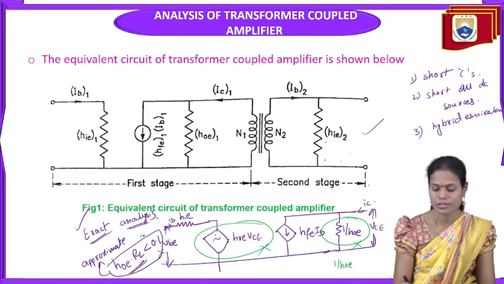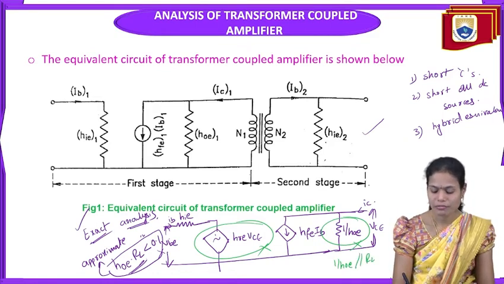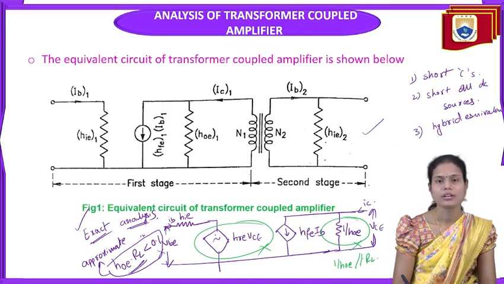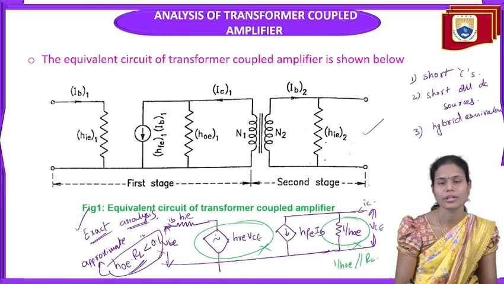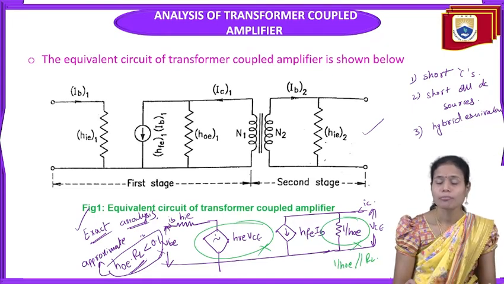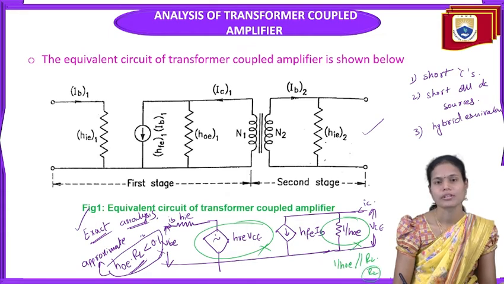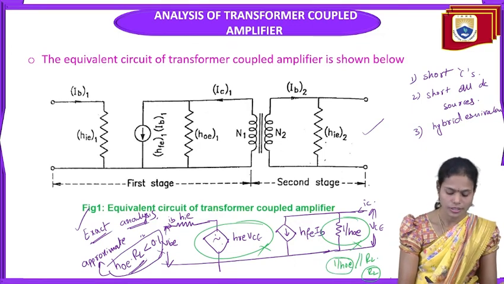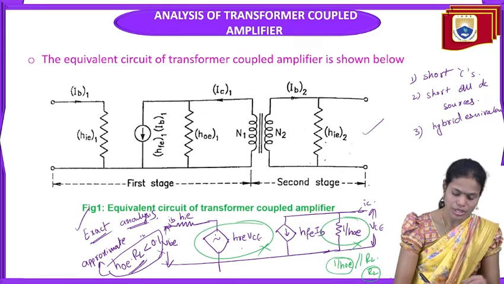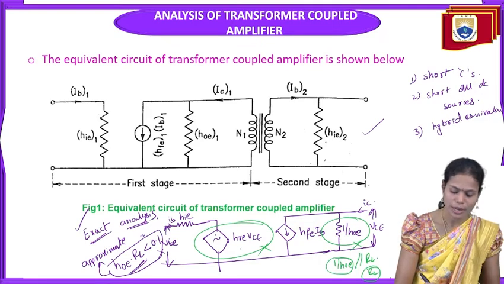This 1 by hoe value is high compared to RL. If both the resistors are in parallel, whichever resistor has the lesser value is the result we get. So we get RL only. That's why we are removing this 1 by hoe here. And similarly, in the case of the input side, what is happening here?